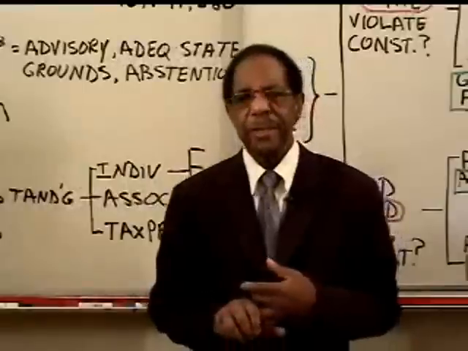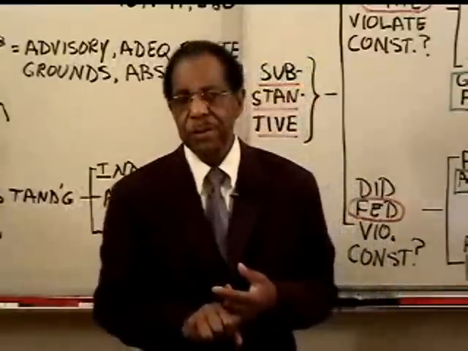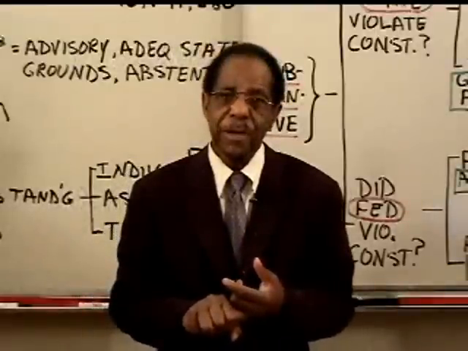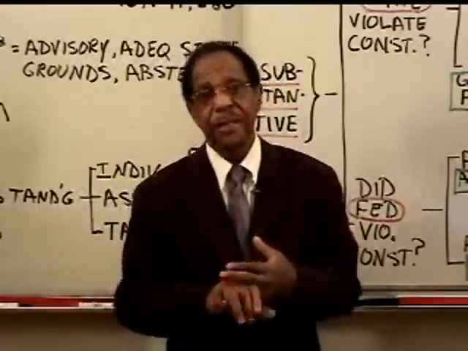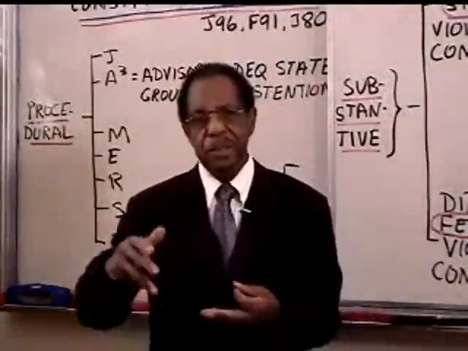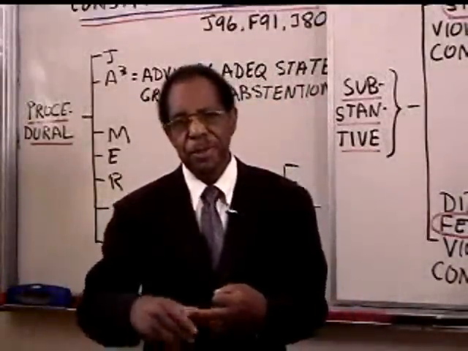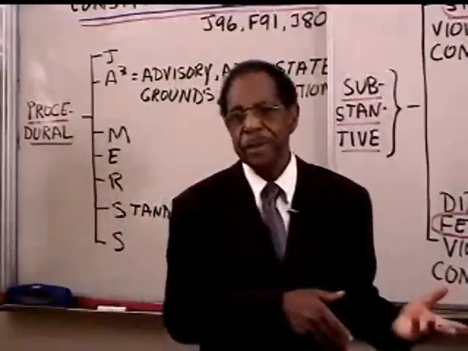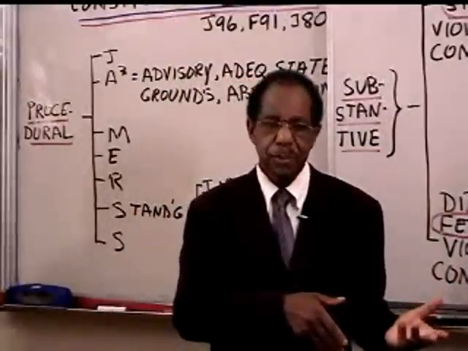Secondly, that it is possible, it is rational, that this state law could be interpreted in such a way that it does not violate the U.S. Constitution, then we should obviously let the state Supreme Court have a shot at it before the federal courts begin to declare the state law is unconstitutional.